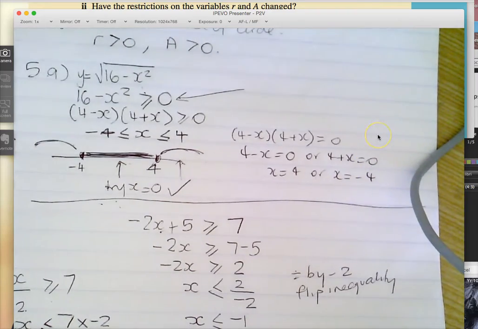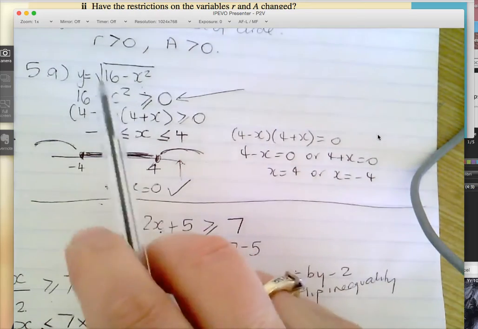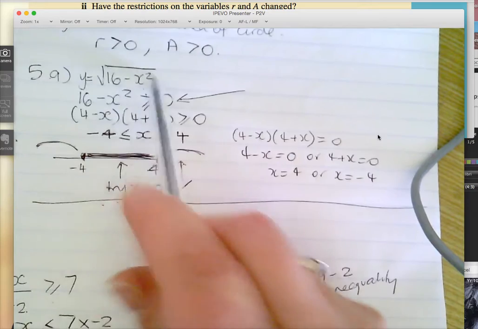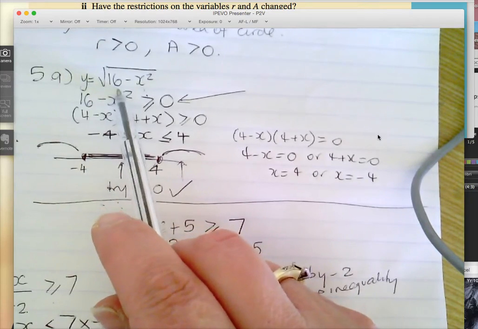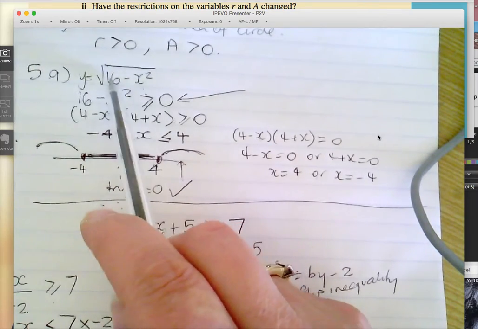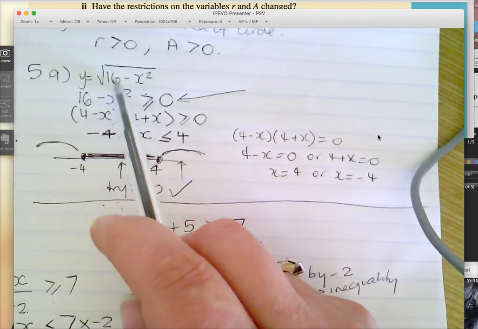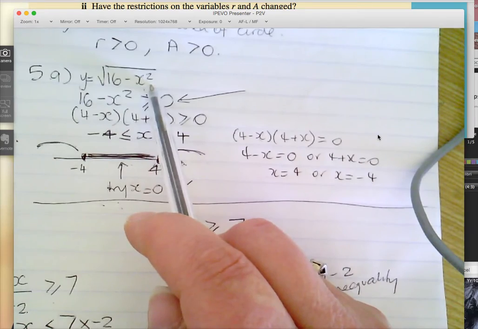Girls, I'll give you another one. Now, what about 5b? Just look here. Let's say I tried x is 0. Would you get a positive answer under here? You can do this by common sense as well. If x was 0, wouldn't you get 16 minus 0? That's positive. X is 4, 16 minus 16 is 0. Good.